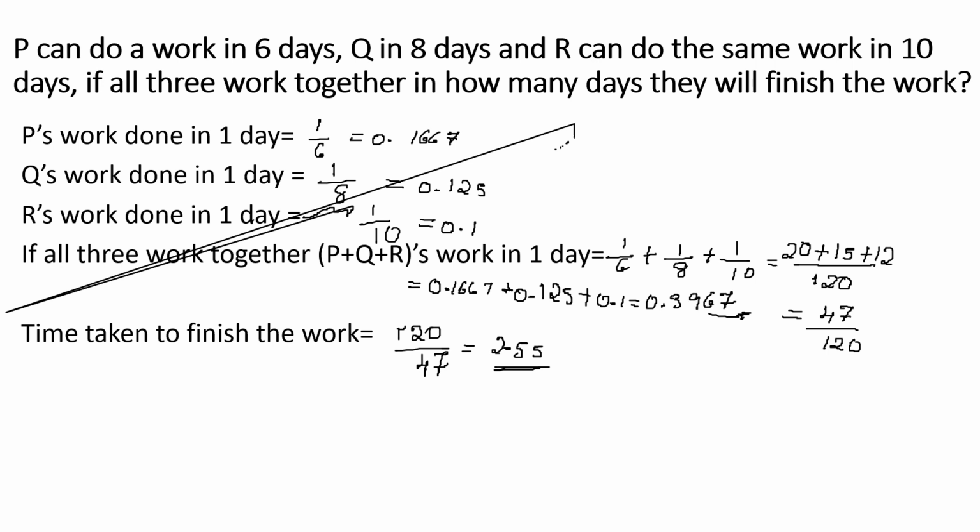And when you take the reciprocal, 1 divided by 0.3917, which is equal to 2.55 days. So in both ways, you'll get the same answer. This one by adding the fractions by taking LCM, or you can convert into decimal to find the answer.